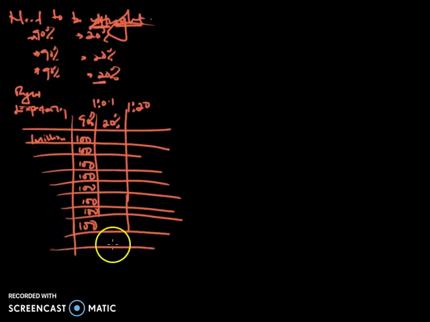Then I lost on the last one. I lost 100,000. So we have 1, 2, 3, 4, 5, 6, 7, 8, 9. Then I made 100 on the 10th one. So I've lost one. So my ending balance is 900 minus 100. That's 800k on this end.